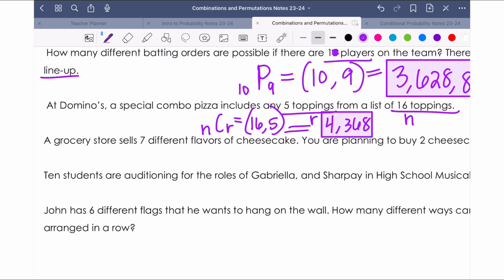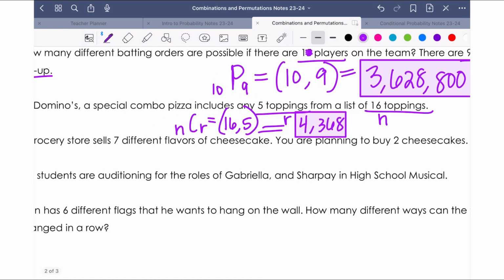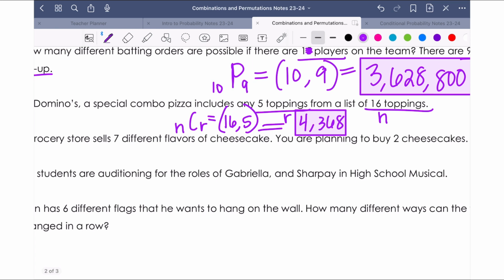A grocery store sells 7 different flavors of cheesecake. You're planning to buy 2 cheesecakes. So, does the order matter? No, you just want to buy 2 cheesecakes. But they're telling you there's 7 options, 7 flavors, and you want to buy 2. So, this is a combination. Okay. Who is the N? N is the total.